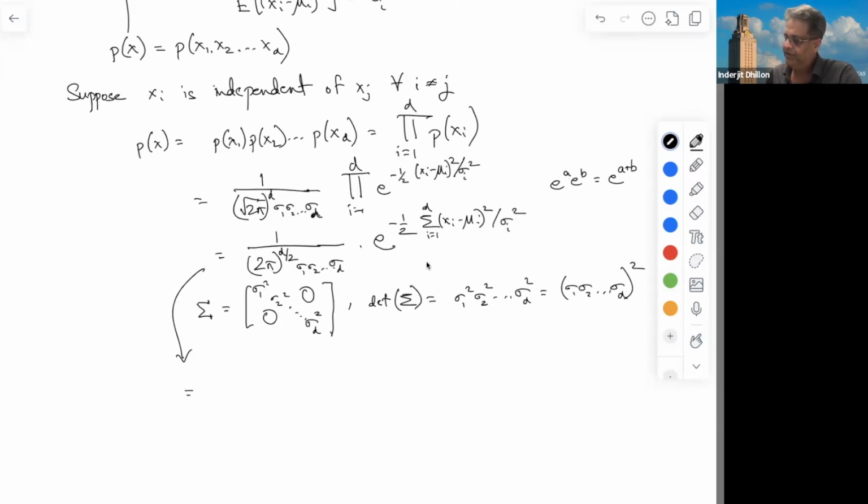Okay, so this means that I can write this as 1 divided by 2 pi to the power d divided by 2 times the square root of the determinant. You remember the determinant is a number.